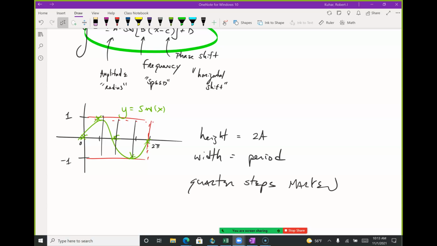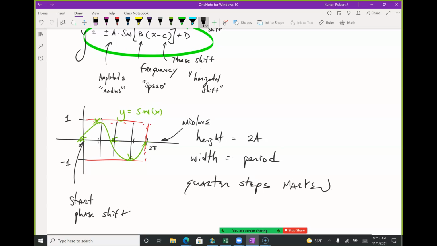Nice. So I've got to figure out all of this, and then I simply move. Oh, and by the way, this is the midline, right? And this is my start, or my horizontal shift. I guess I want that to be my start, right?